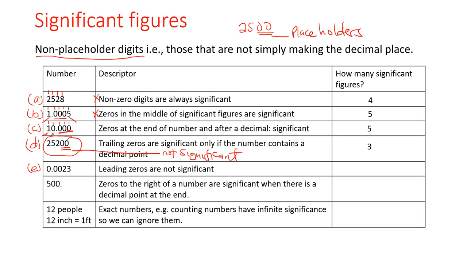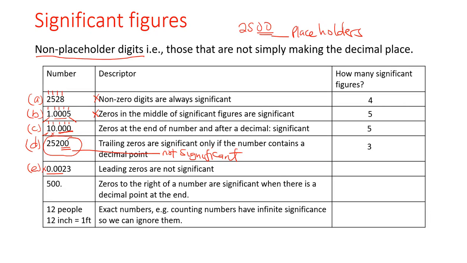Leading zeros are not significant. Leading zeros are the zeros at the beginning of a number, before and after the decimal point. So you can see here this 0 is before the decimal point and there is no number this side.